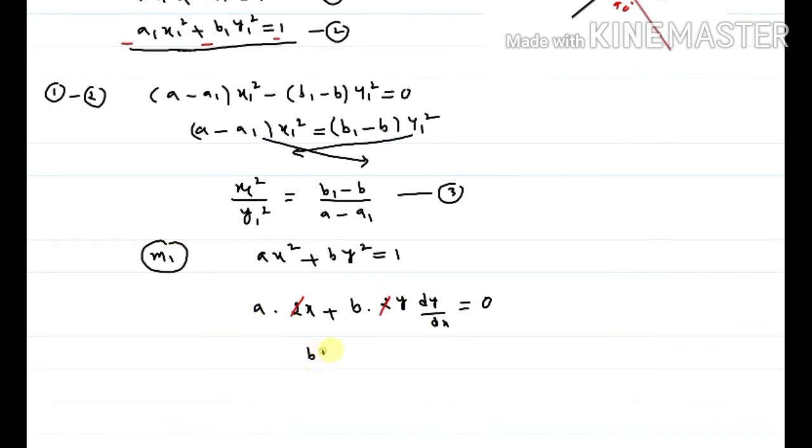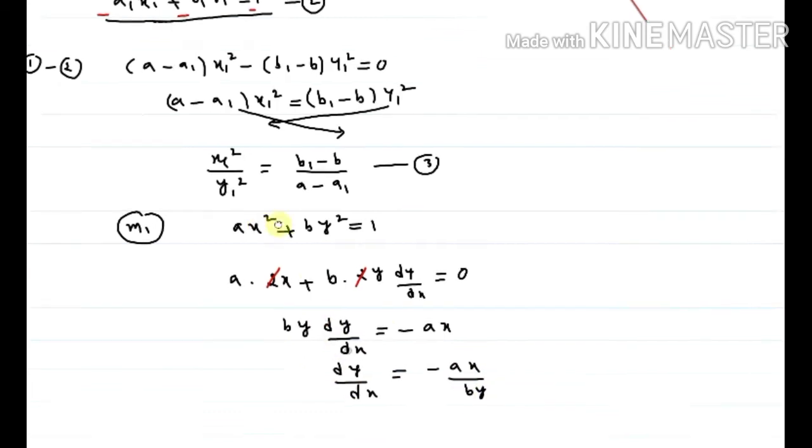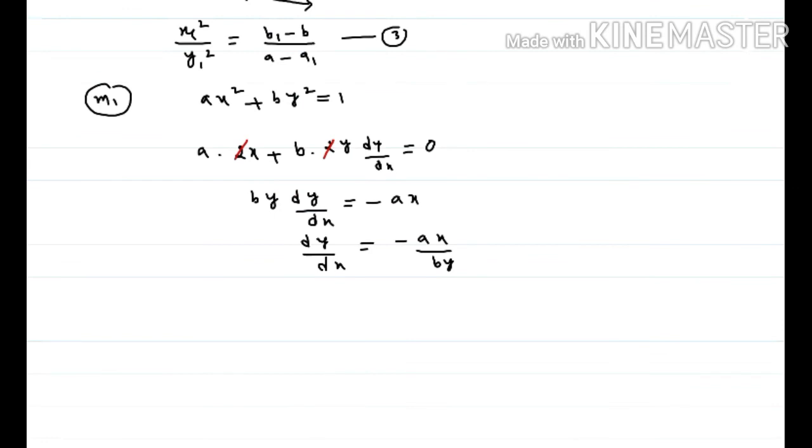So dy by dx is equal to minus ax by by. So m1 is equal to dy by dx at (x1, y1), that is equal to minus a x1 divided by b y1.